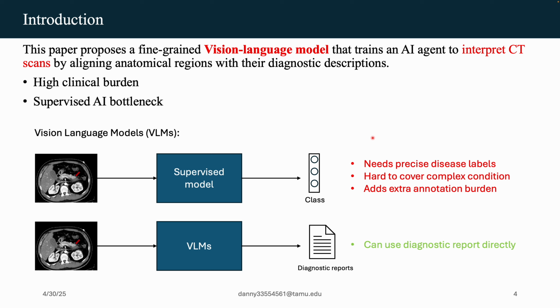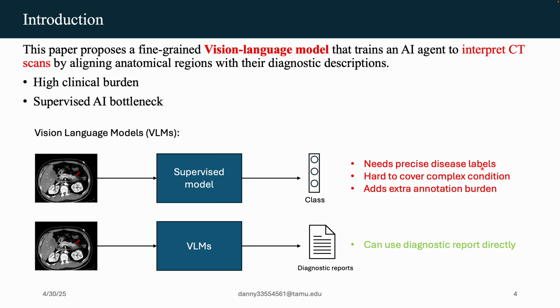Currently, the supervised model will take an image input and output the classification result, but that is not useful in the practical world because we need precise disease labels to train the model, but it is hard to cover the complex conditions in the real world by only these labels, and also to annotate the data will add extra load to the radiologists.